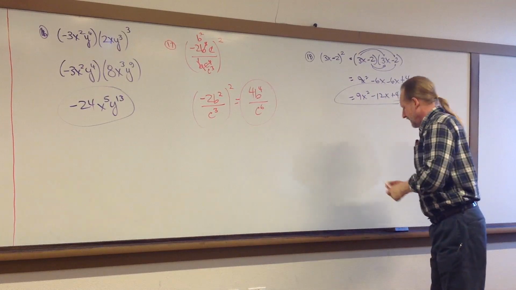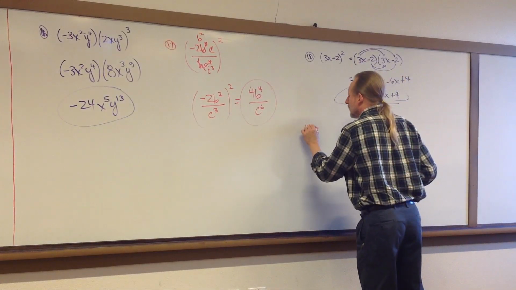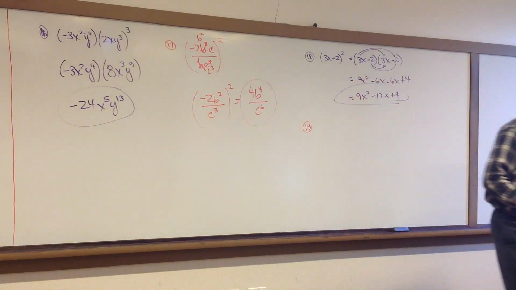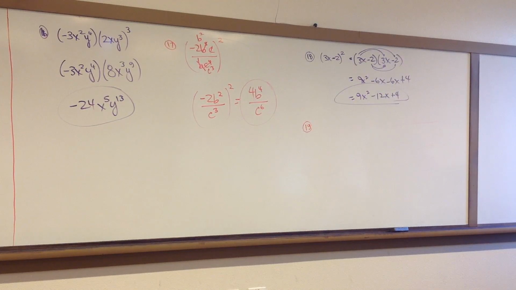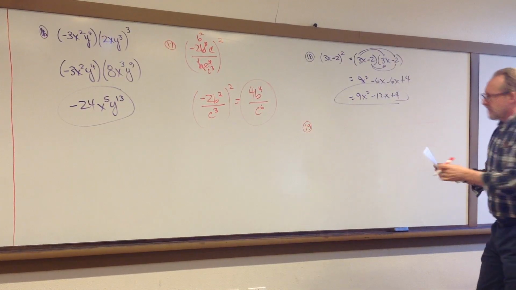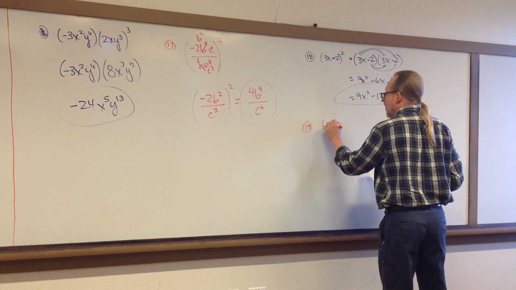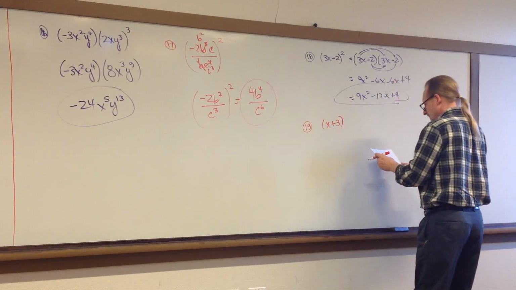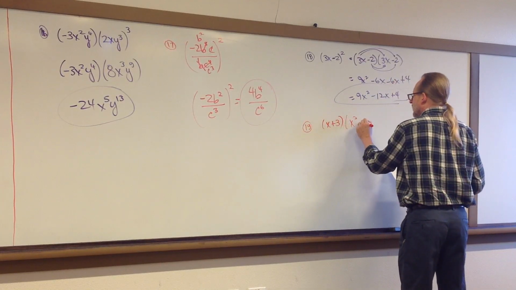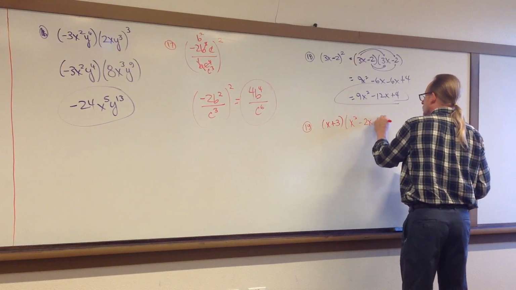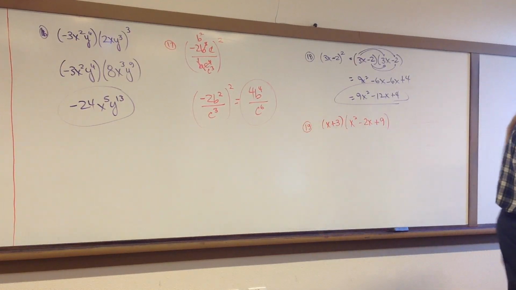All right, I think number 19 is another multiplication problem, a little bit longer. x plus 3 times x squared minus 2x plus 9.